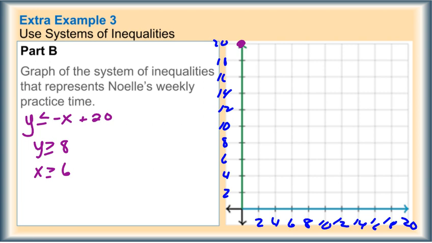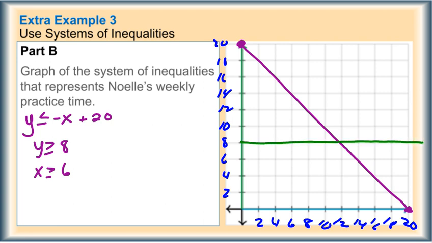I can go down 20 to the right 20, so that's a slope of 1. So I can equal that, so that's a solid line. The other one has to be greater than or equal to 8, so across the y-axis at 8. And then the other one crosses the x-axis at 6.